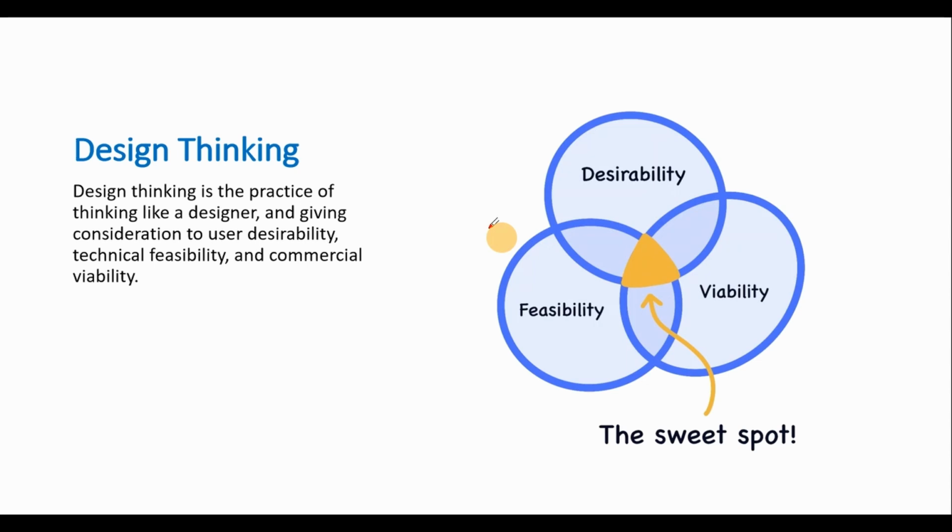So we look at how to empathize with your users, define your user needs and problems, ideate solution designs, prototype your ideas, and test your prototypes as well. Build ideas that work.